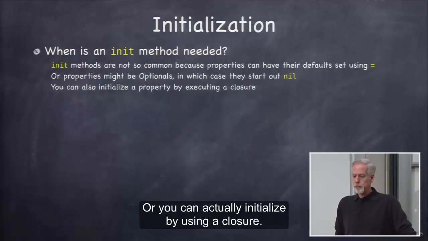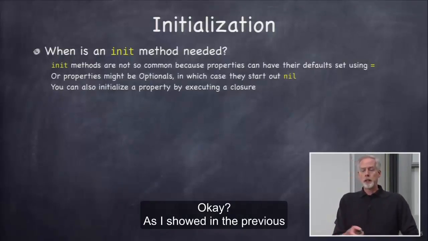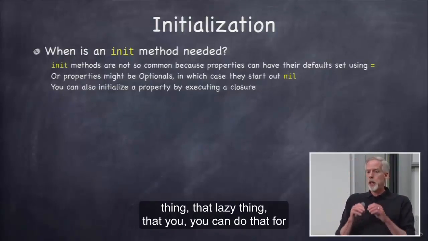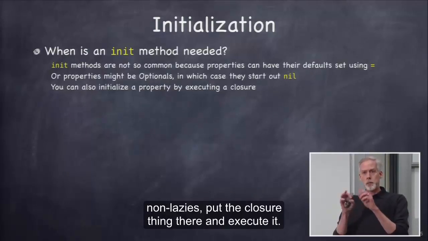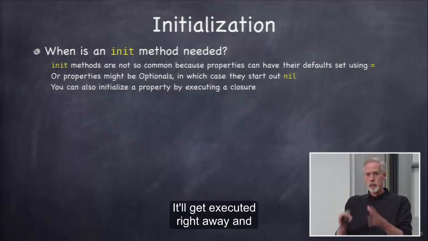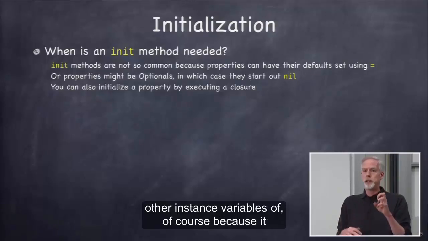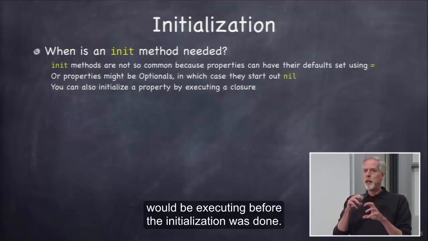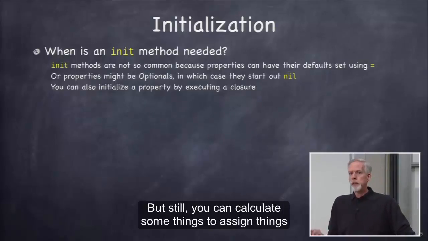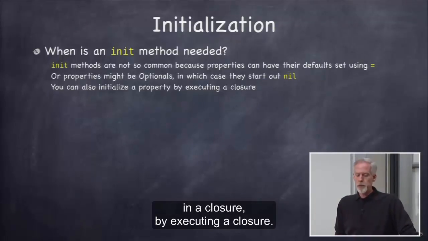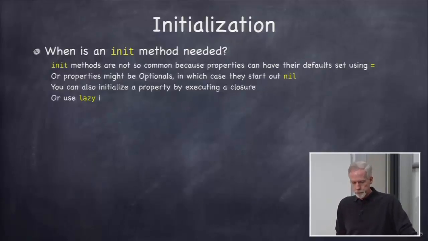Or you can initialize by using a closure. Okay, as I showed on the previous thing, that lazy thing, you can do that for non-lazies, put the closure there and execute it. It'll get executed right away, and nothing inside that closure could refer to any other instance variables, of course, because it would be executing before the initialization was done, but still, you can calculate some things to assign by executing a closure.